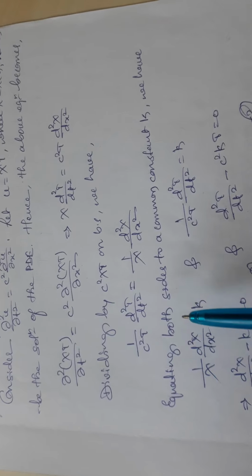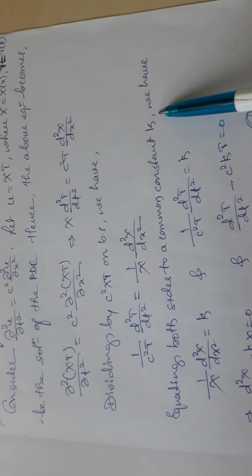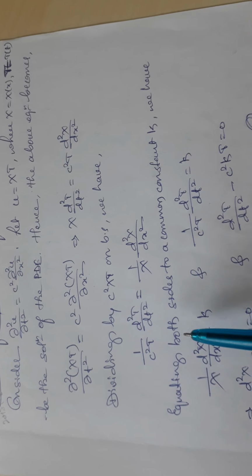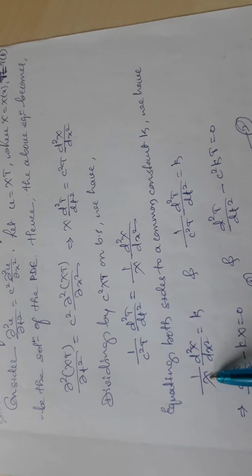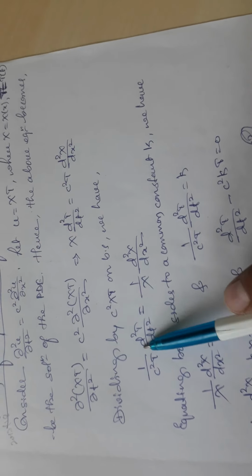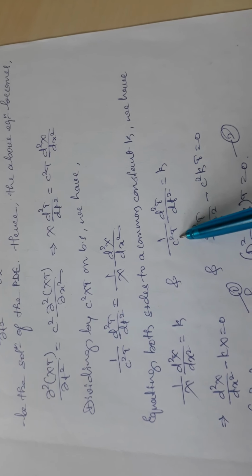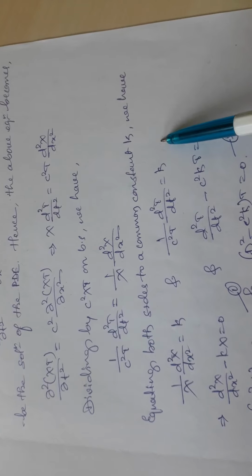Now equating both sides to a common constant k, we have the first equation (1/X) d²X/dx² = k, and the second equation (1/(c² T)) d²T/dt² = k.